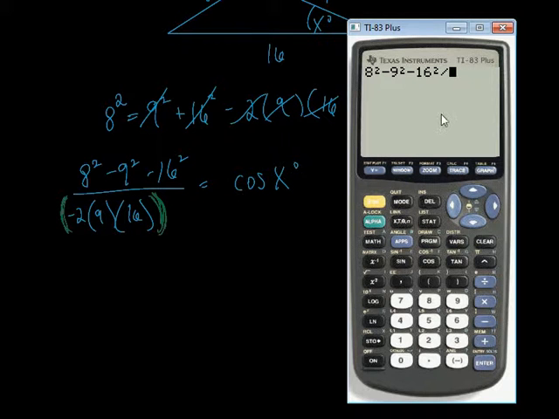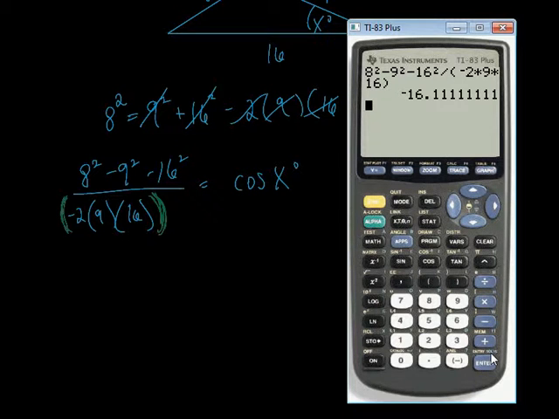So put a parentheses first, and then negative 2 times 9 times 16. Close that. That's this parentheses right here. I just hit equals now, right? Actually, I probably should have put parentheses around that first group. No, I don't think I need another one because I only have one here and I got one here. I think this will work.